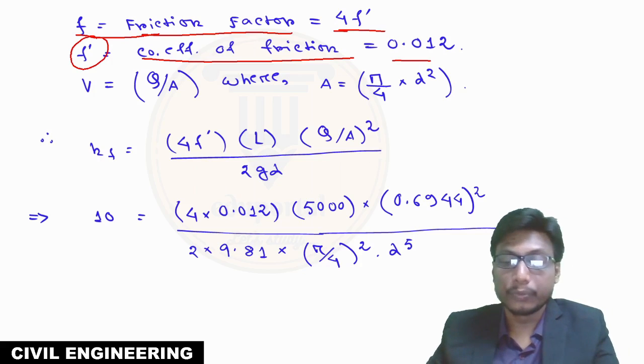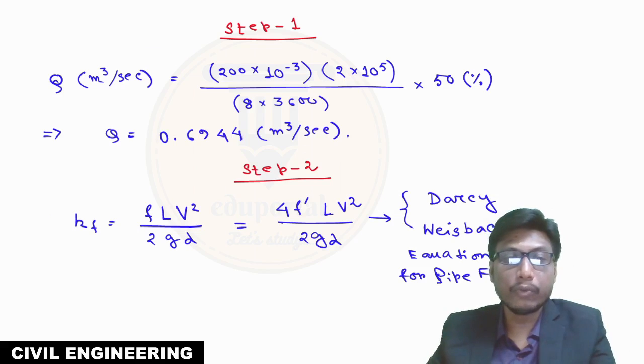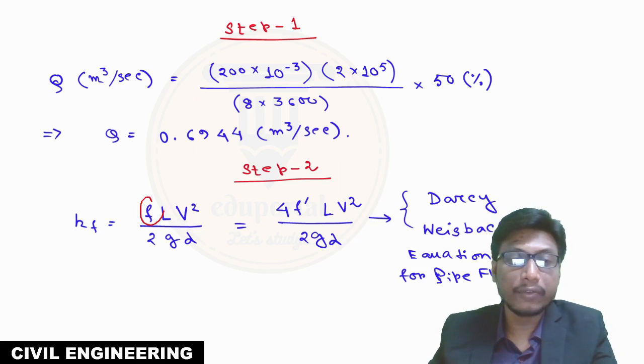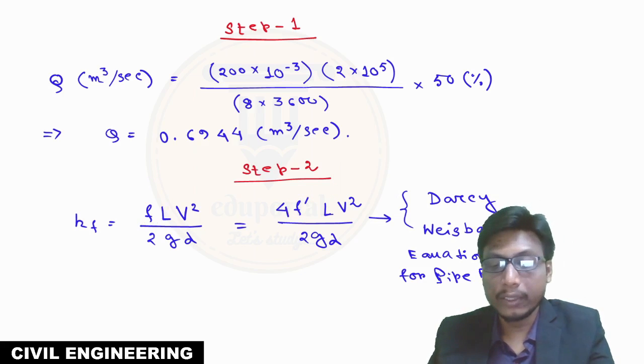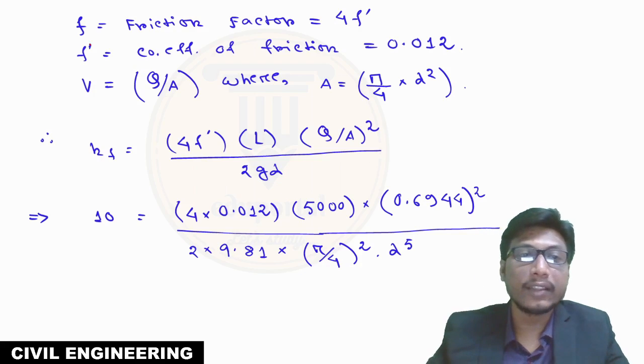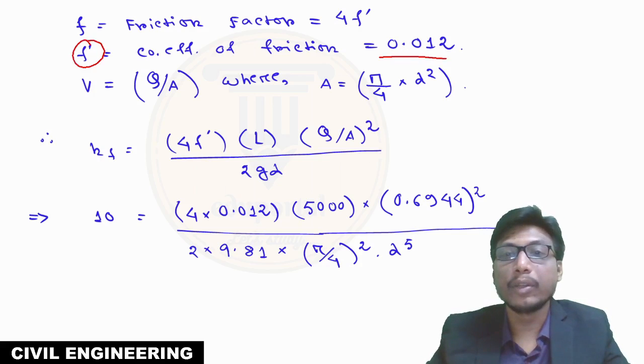So this is the friction factor, and here F dash is the coefficient of friction. In the question, it is given that the coefficient of friction, that is F dash, is 0.012.